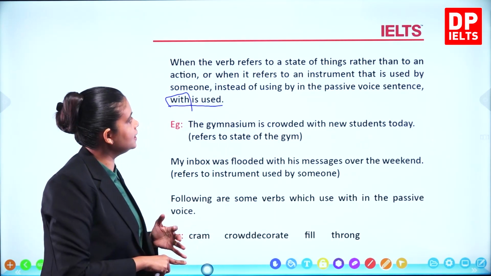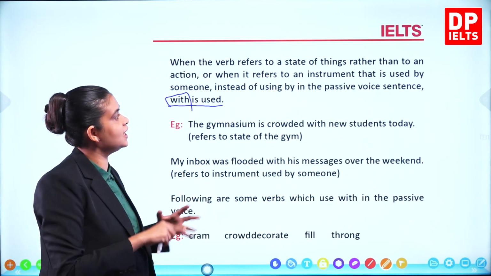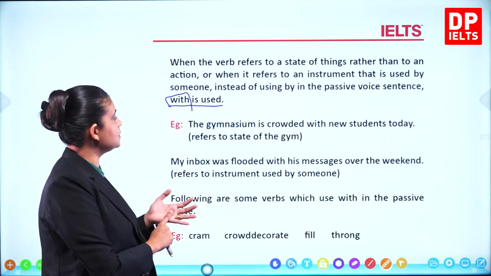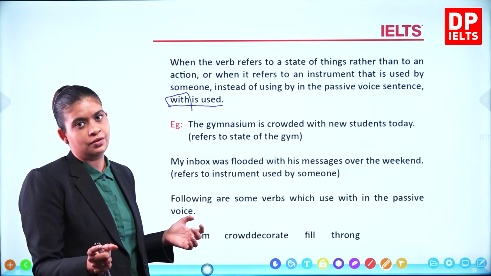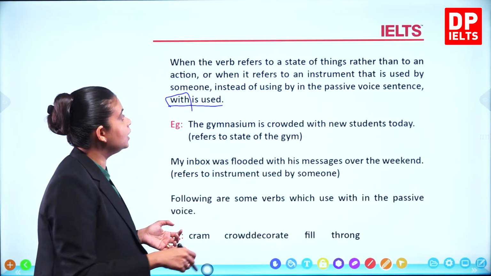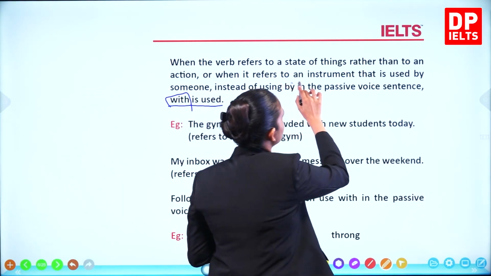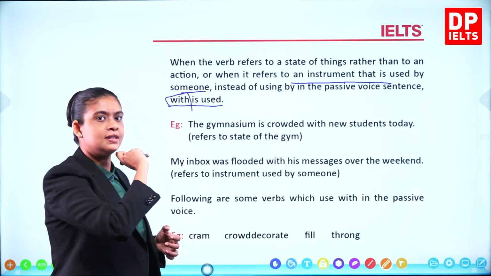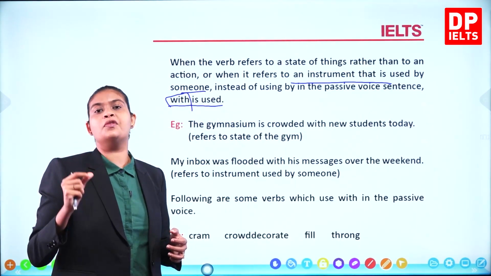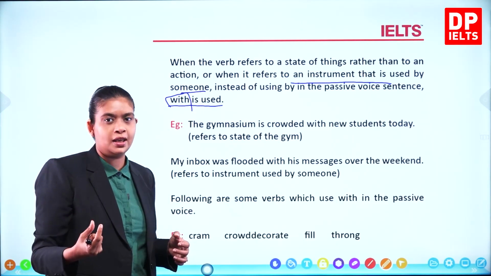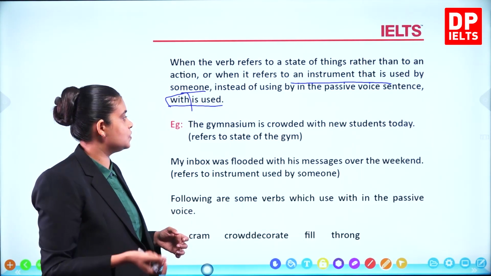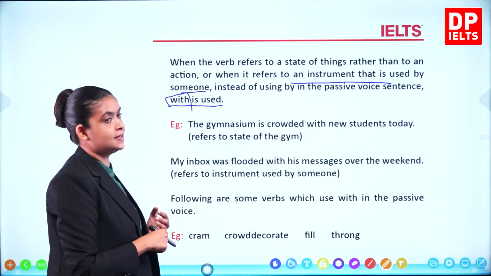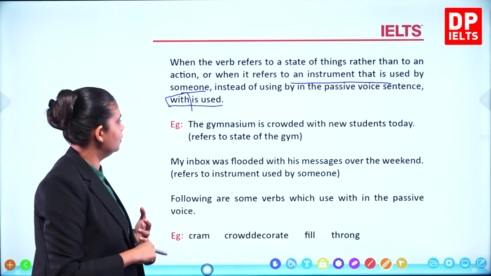So one thing is when it refers to a state of things rather than to an action. Or it refers to an instrument that is used by someone, right? Instead of just using by, we use with. Let us have a look at an example, okay?